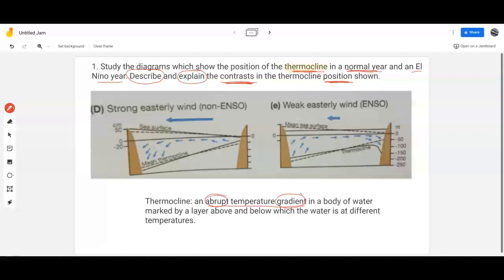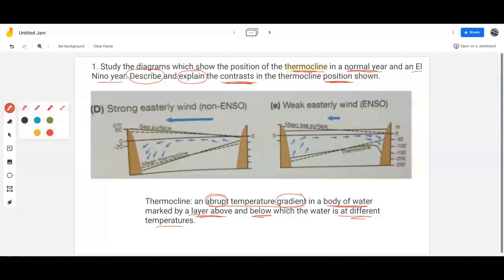It's a sudden change in temperature in a body of water, like the ocean, marked by a layer above and a layer below, where you have water at very different temperatures. So a sudden change between warm and cold temperatures in a body of water.